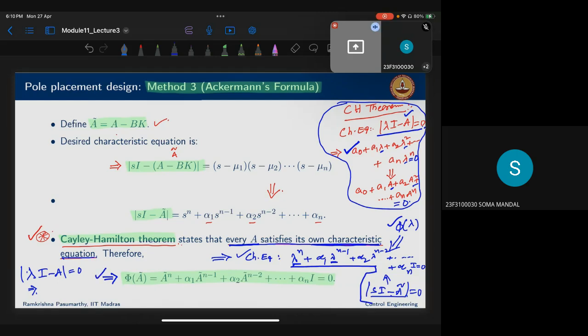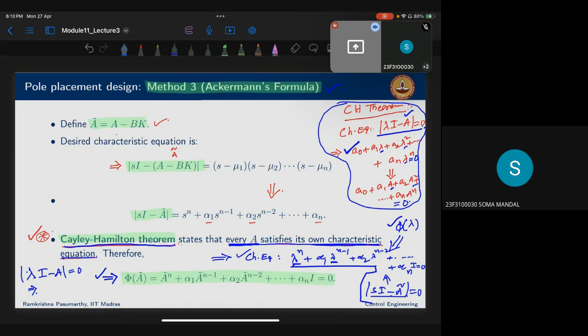That is the meaning of every matrix satisfying its own characteristic equation. So this method uses the Cayley-Hamilton theorem.